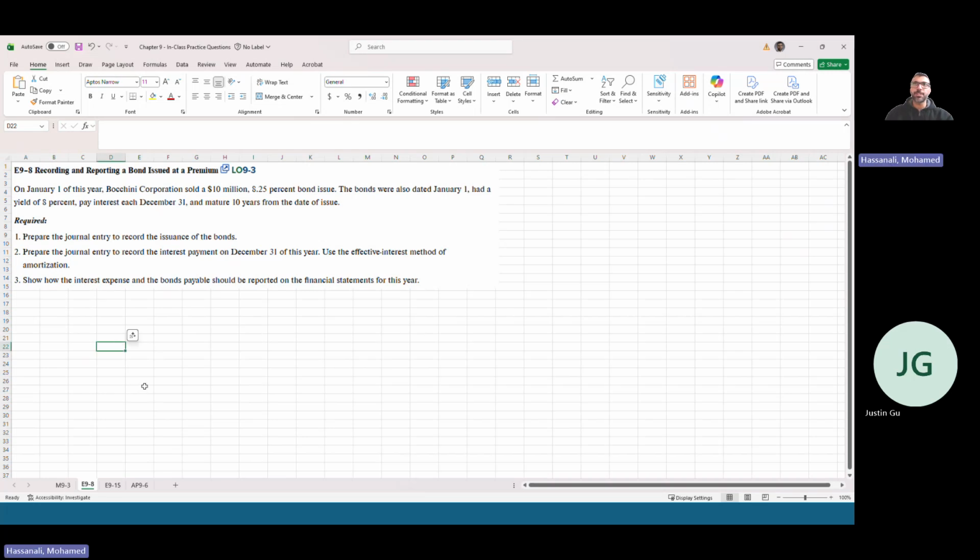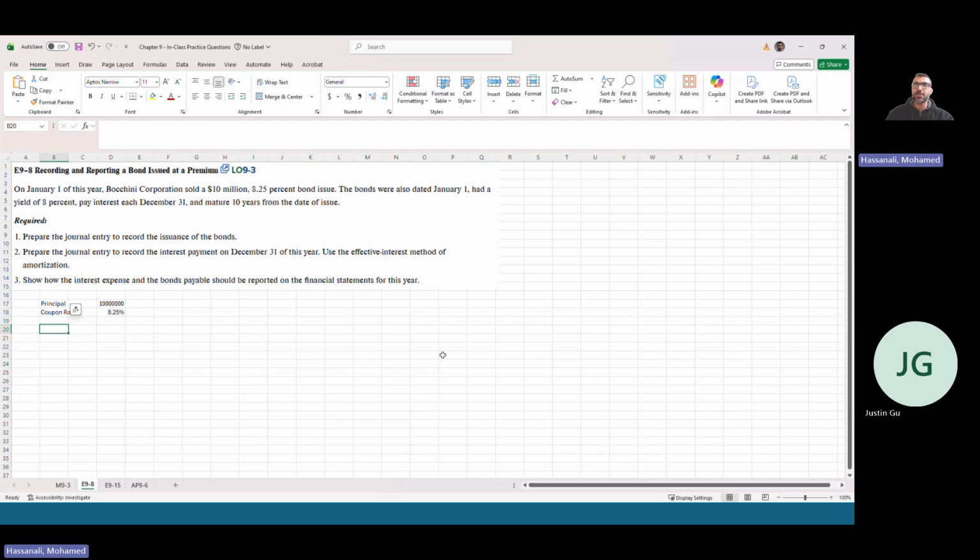So on January 1st of this year, Bocchini Corporation sold a $10 million, so our principal is $10 million. Our coupon rate is 8.25%. The bonds were also dated Jan 1, had a yield, so market rate, of 8%.